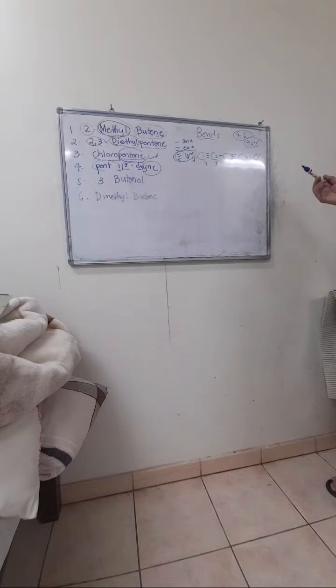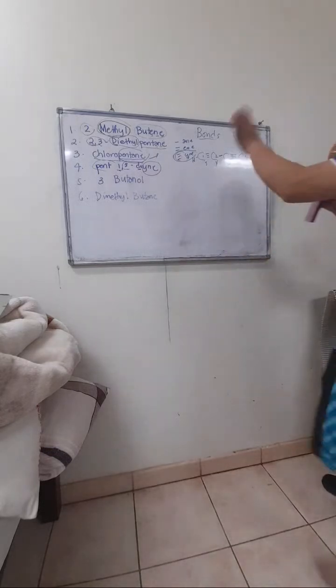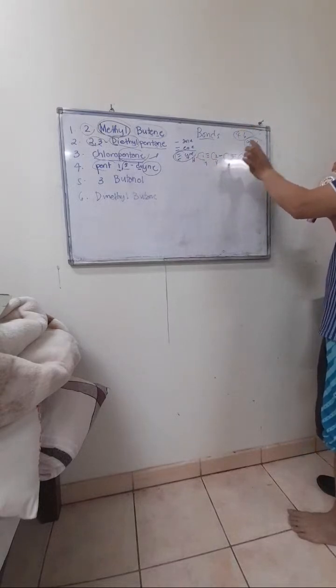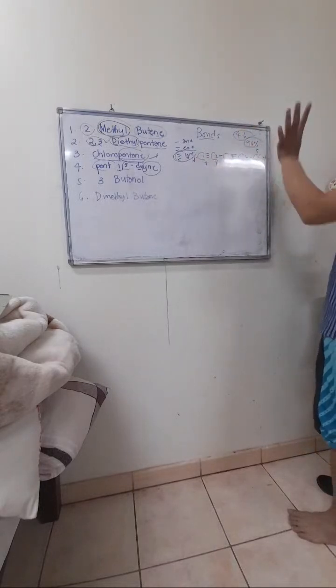Last, carbon number 5. So you can now spread the hydrogens here a lot. 1, 2, 3. And take a closer look, a visual inspection. Carbon 1, okay. Carbon number 2, okay. Carbon number 3, okay. Carbon number 4, okay. Carbon number 5, okay.